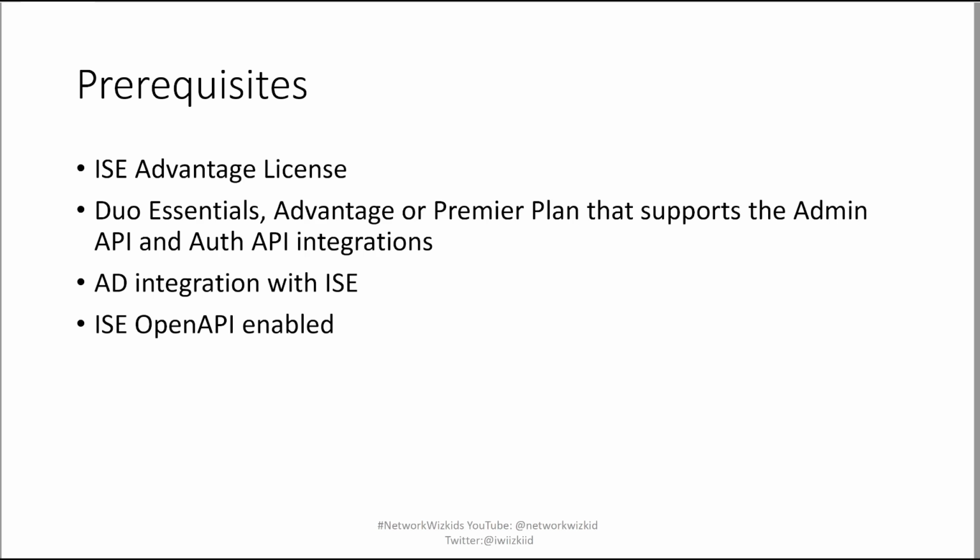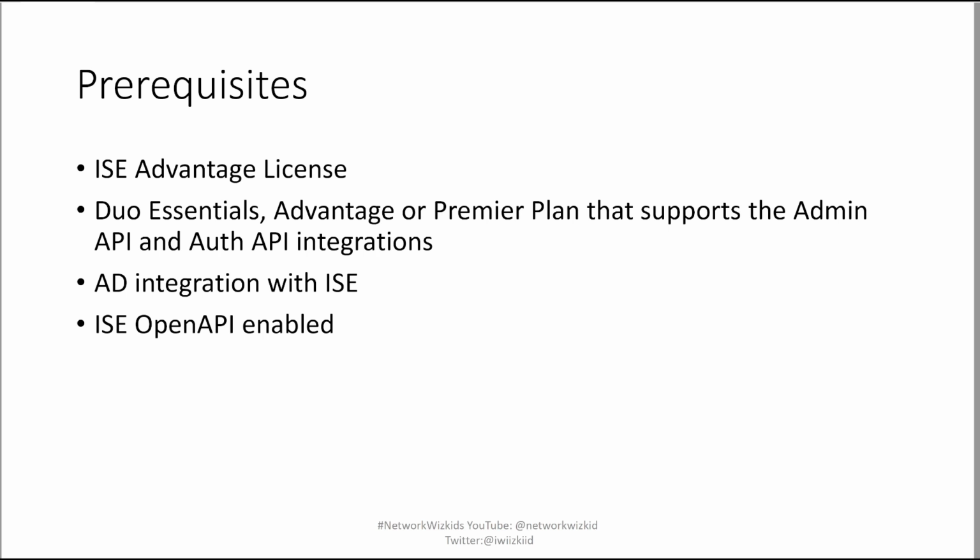There are a few prerequisites before getting started. One is that we need to make sure that our ISE deployment has Advantage licenses. So do check that before you plan to carry this integration out. In terms of Duo licensing, we should be able to work with any of the licenses aside from the free tier, of course.